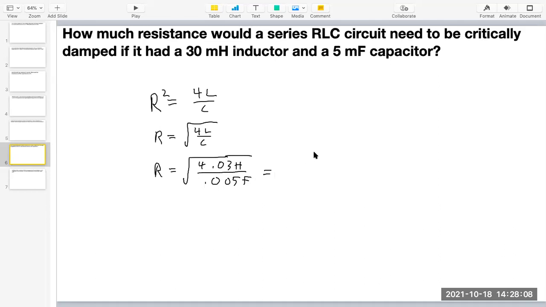And this works out to be just under 5 ohms. Good on this one.